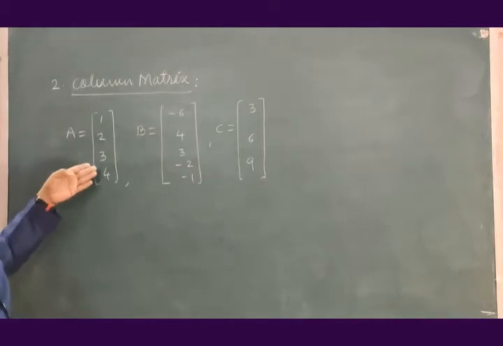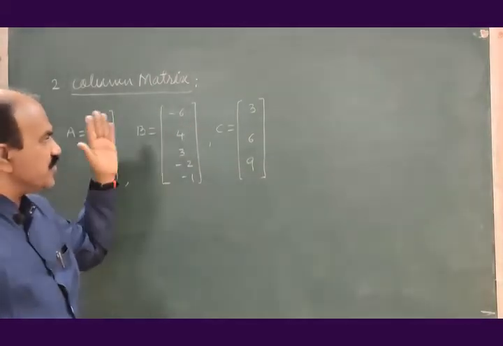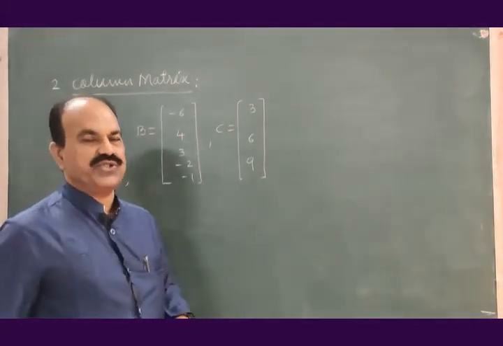A has 4 rows, B has 5 rows, C has 3 rows.